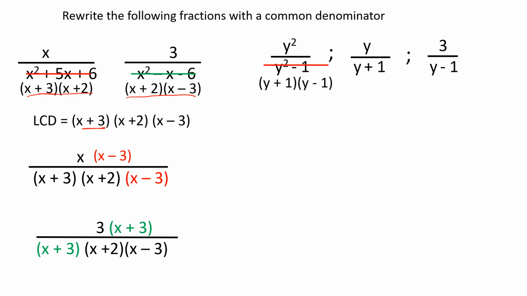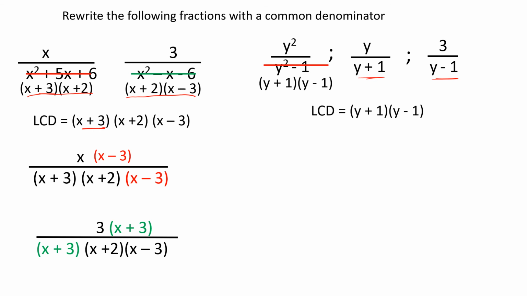Then this one here doesn't factor, and this one doesn't factor. They're prime. Now we're going to figure out our LCD. Well, our LCD in this one is we have just one y plus 1 and one y minus 1 in each one of them. So this would be our LCD.